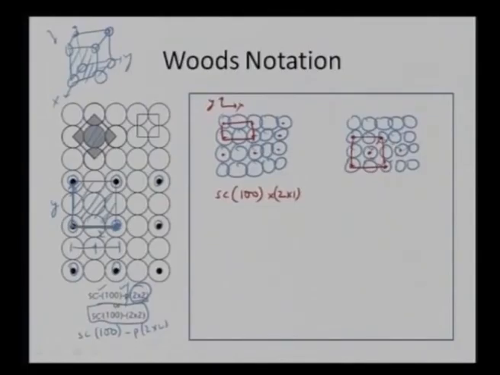I'll definitely have to take this dotted one as a primitive lattice, because this one is forming my now C centered. So I can define it in two manners.